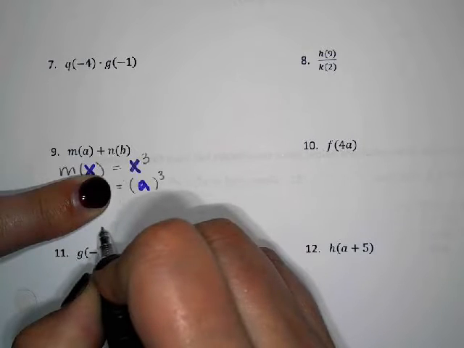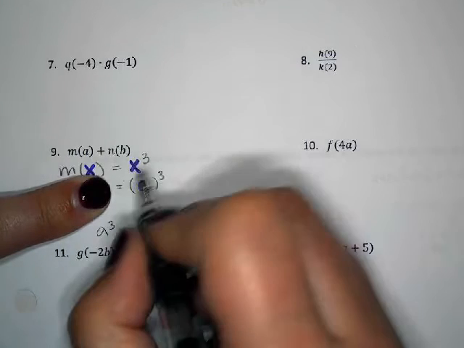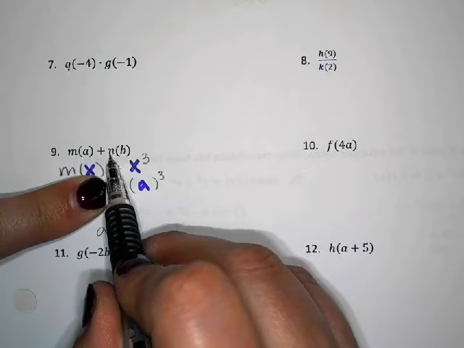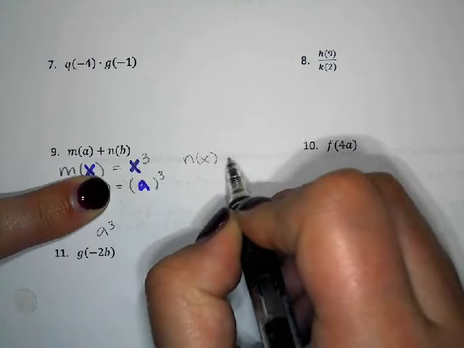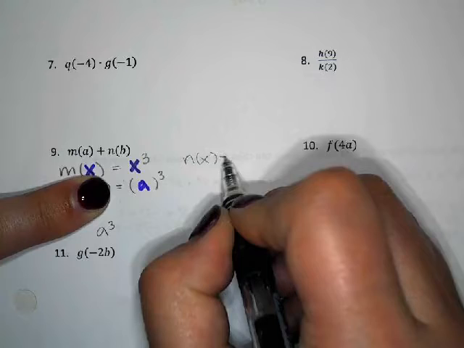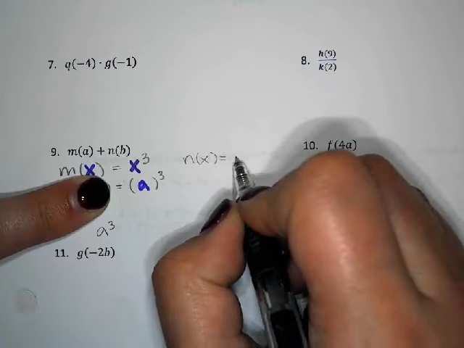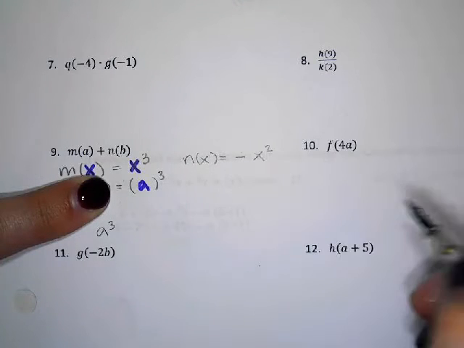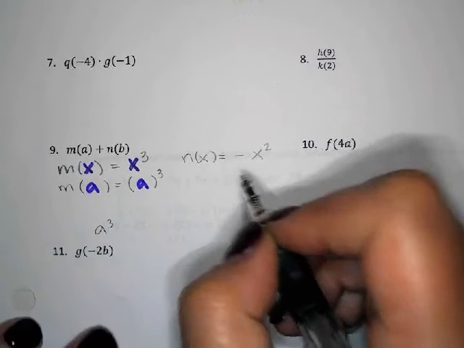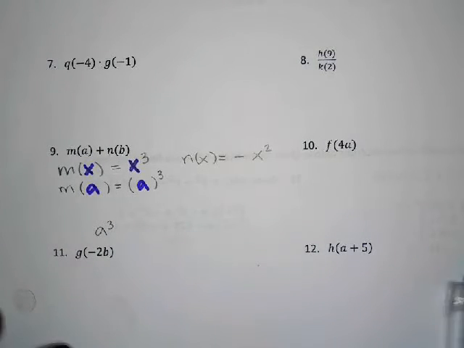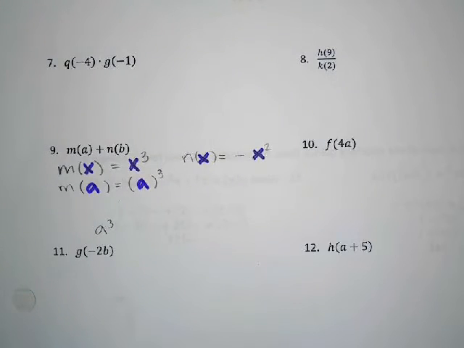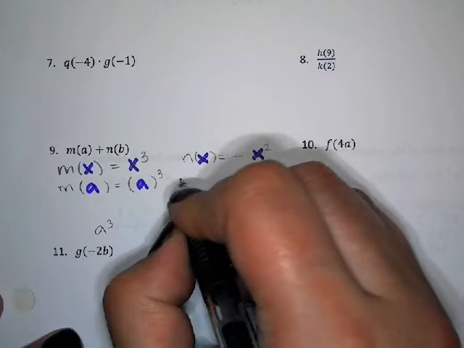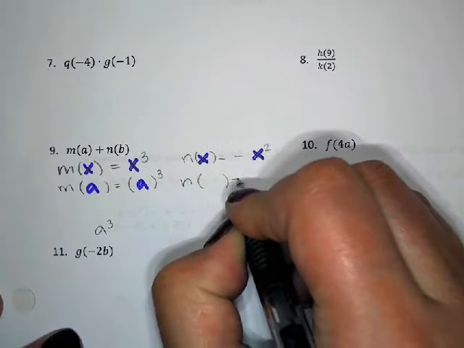Okay, now the next part of the problem is n, where we plug in b. So n of x, if I look at the top of the paper, n of x is negative x squared. So I'm going to use my marker on my x's. Okay. And then I'm going to leave a spot to plug something in.